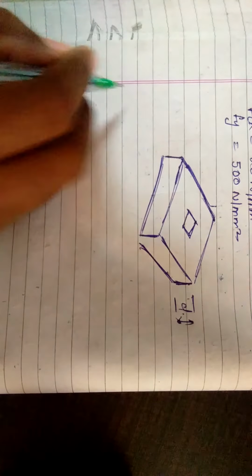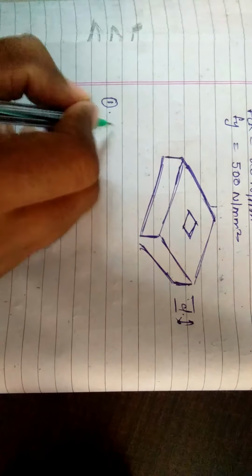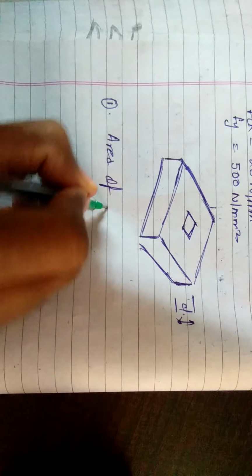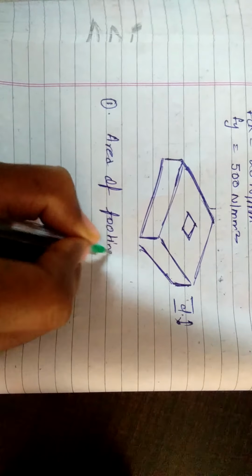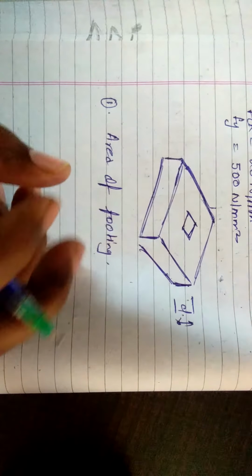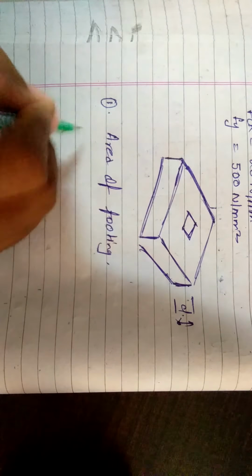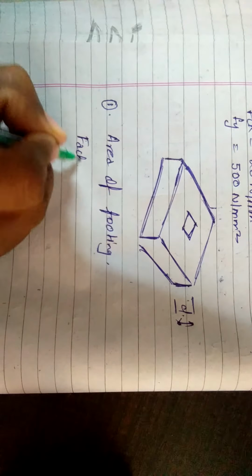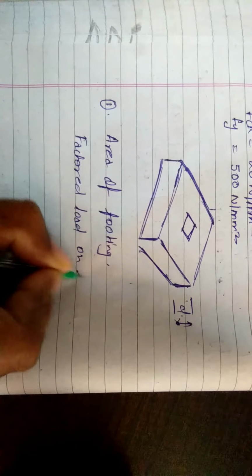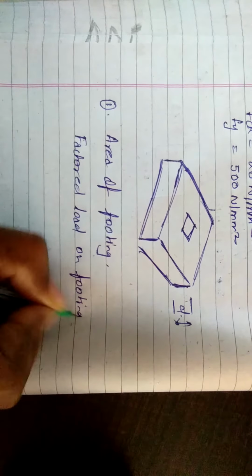Okay, so let's start. Firstly, we will find out the area of footing. For the area of footing there are some minor calculations we have to make. First, the factored load on footing.